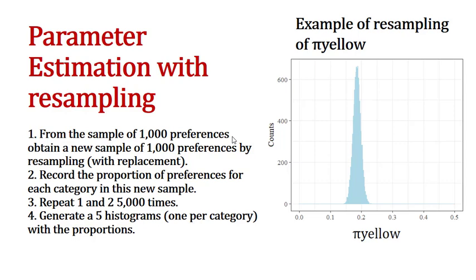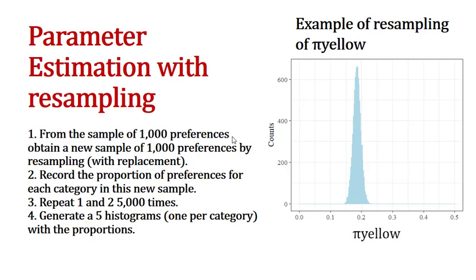So from those 1000 values, which will say yellow, blue, green, red, undecided, by chance, we randomly choose one value, and we write that down. We put that value back into the 1000 values, and again randomly choose another value, and we write that down, and we do it 1000 times. So we've got a sample of 1000 preferences, which we obtain by resampling the values that we already have.